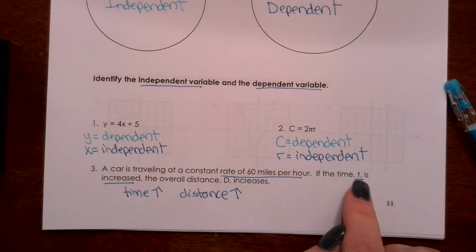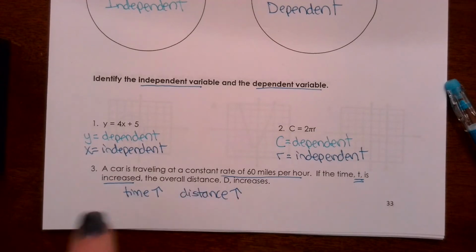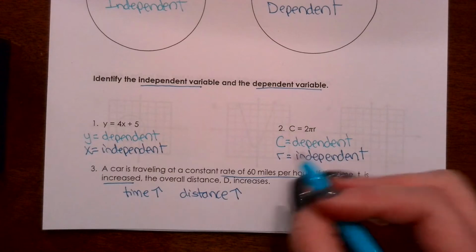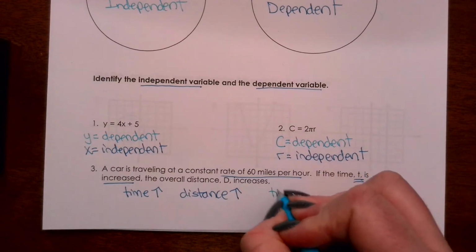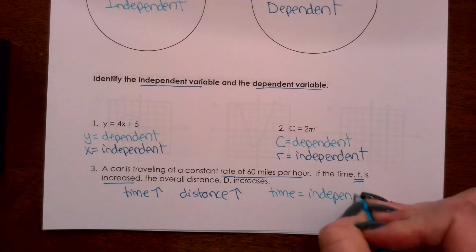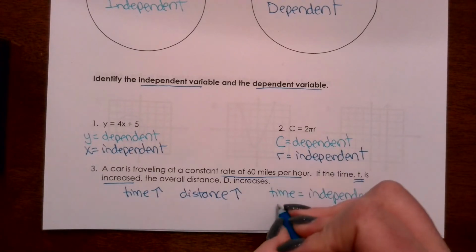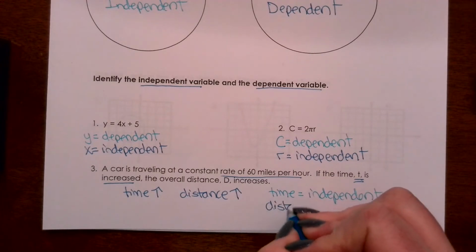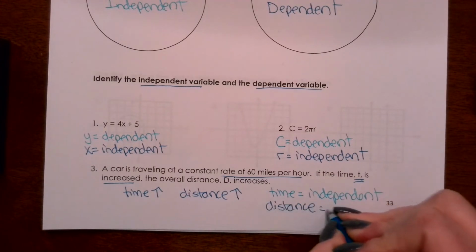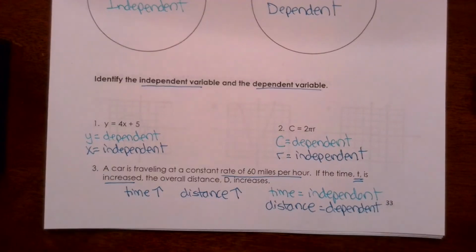If I spend more time driving, my distance will go up. So my distance depends on the time I drive. So time is independent, and the distance, or d, is my dependent. It depends on how long I drive.